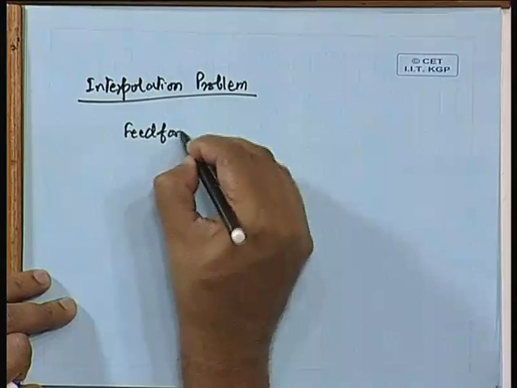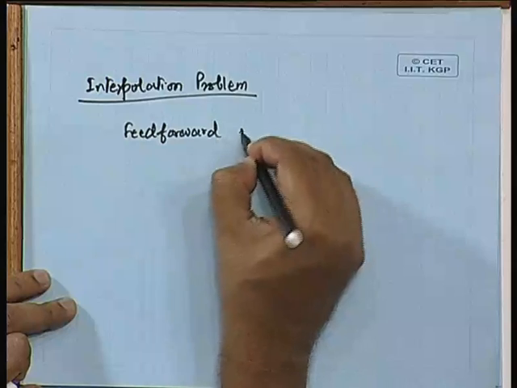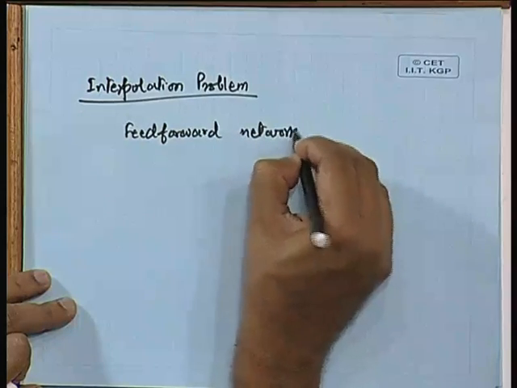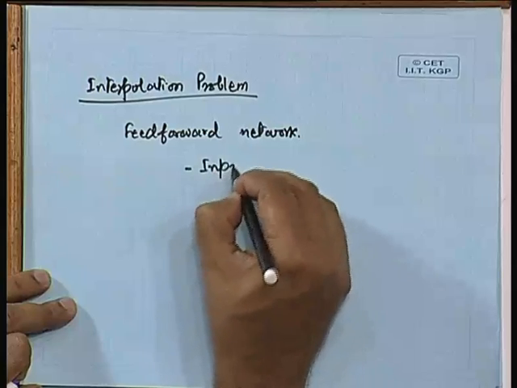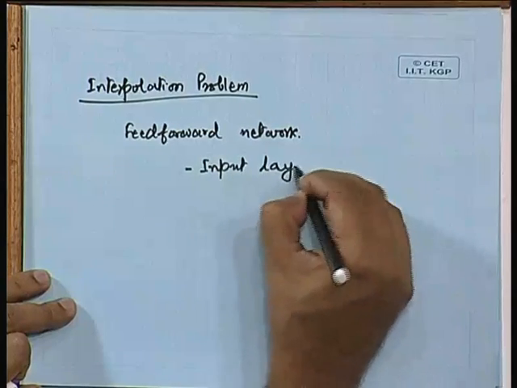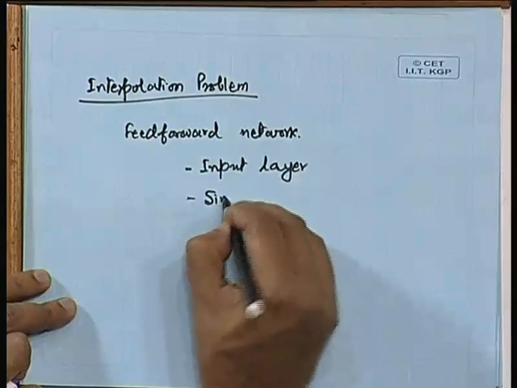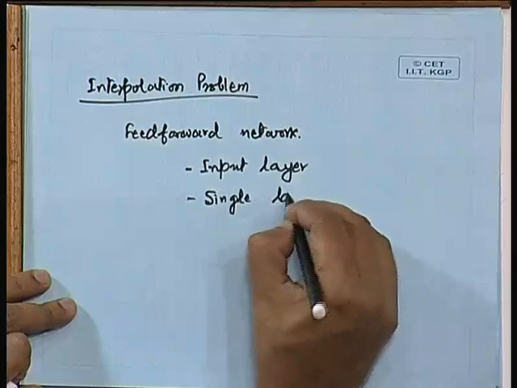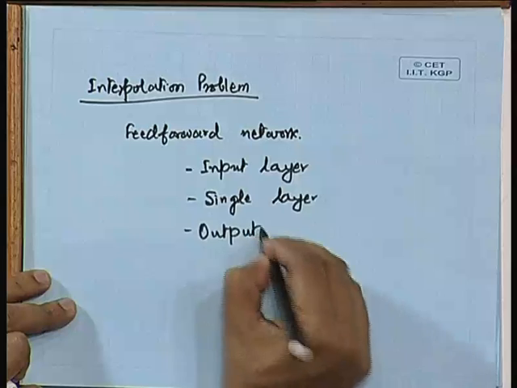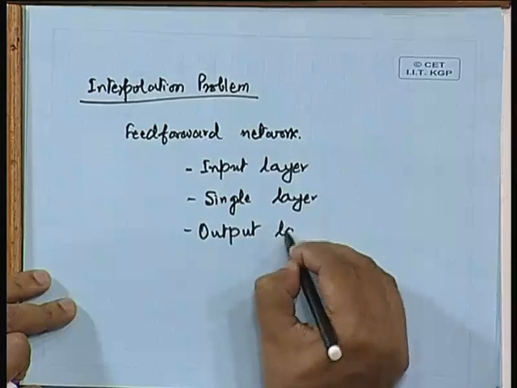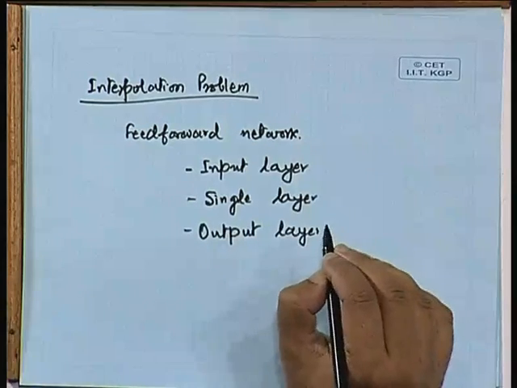So, we consider a feed forward network for which we have an input layer, a single hidden layer, and an output layer, and just for ease of analysis and simplicity and without any loss of generality, we take that there is only one neuron in the output unit.